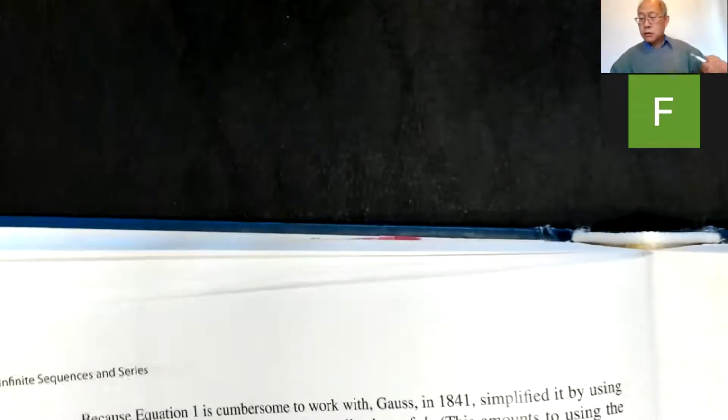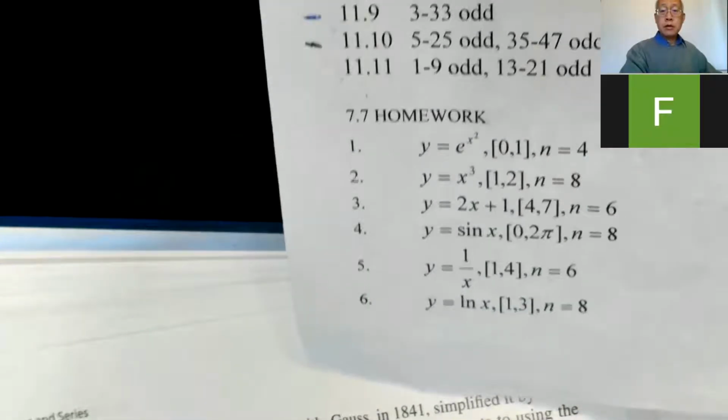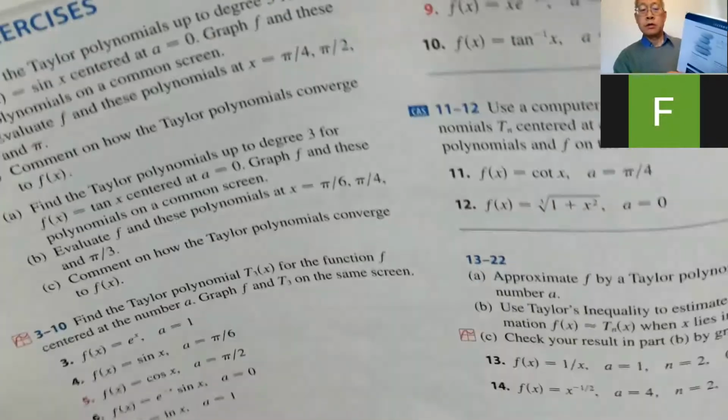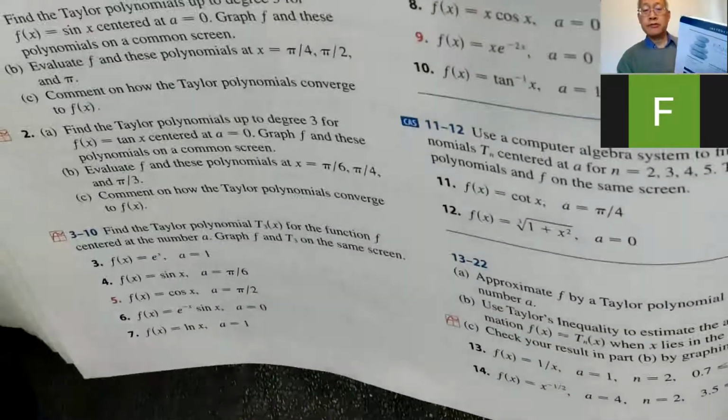So what's happening in this section? 1 to 9, 13 to 21, which is not really that many problems. Let me show you the problems for those who don't have the book.